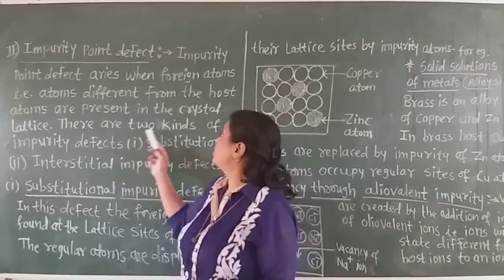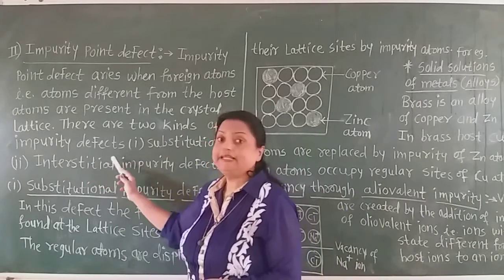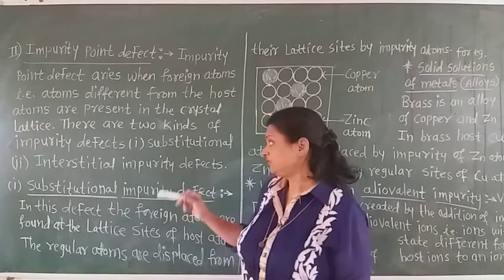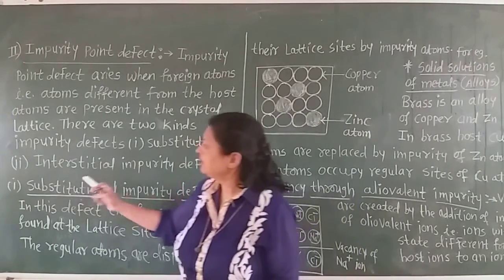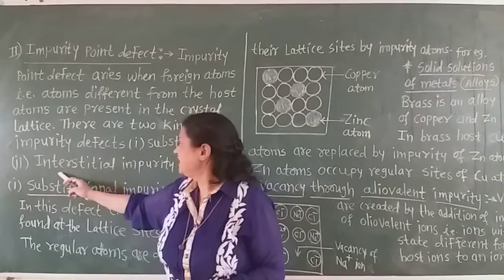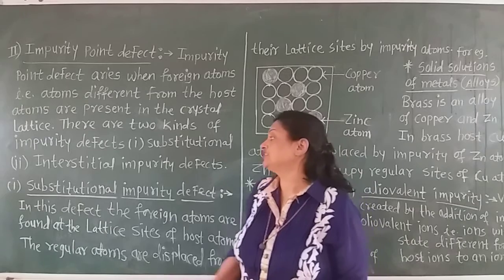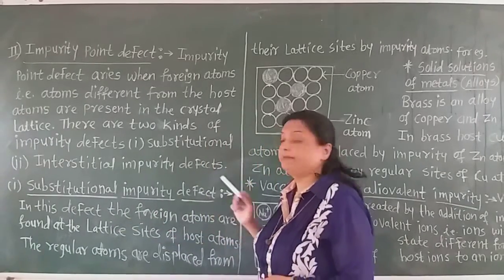There are two kinds of impurity defects. The impurity point defects are of two types: one is substitutional and another is the interstitial impurity defect. Let us learn first the substitutional impurity defect.